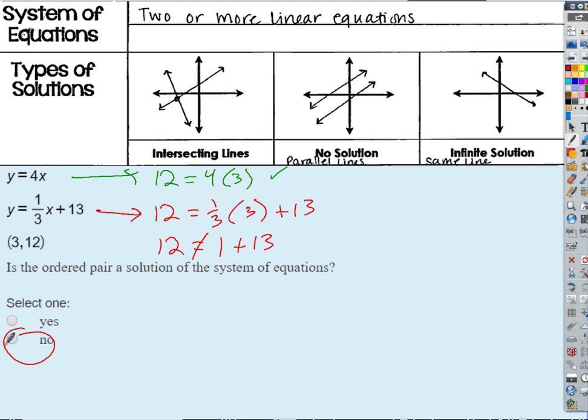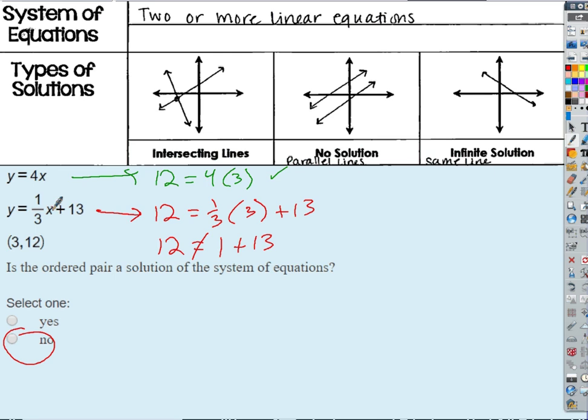If I were to graph it, what could you tell me about this point? How is it related to these two lines? I just described where I'd find this if I were to graph this point. Okay, but it didn't work for the second one. If it had worked for both, it would have been a point of intersection, but it didn't. So it's no solution.